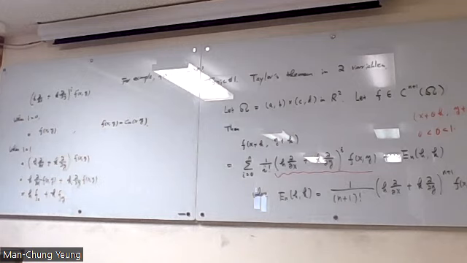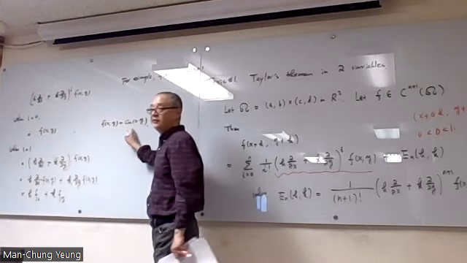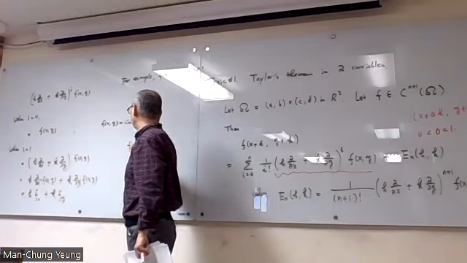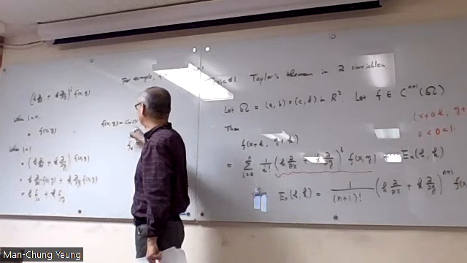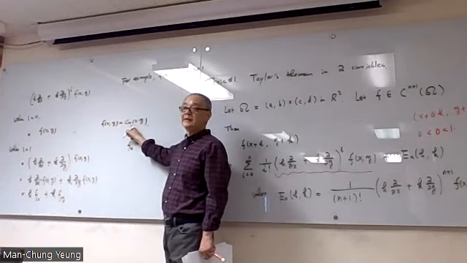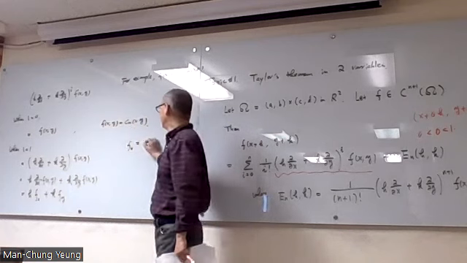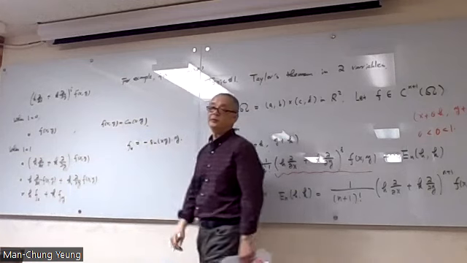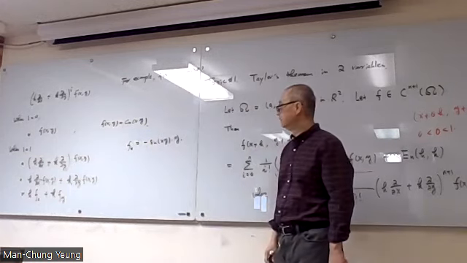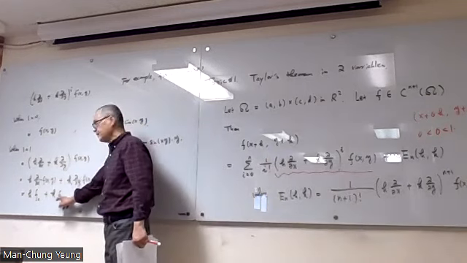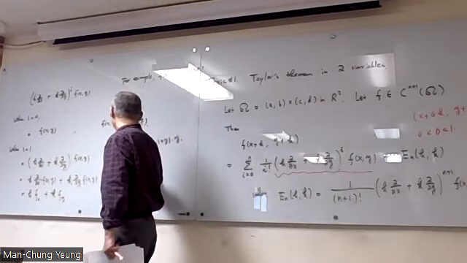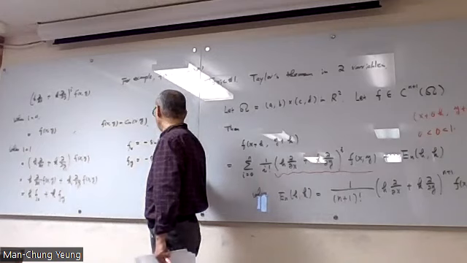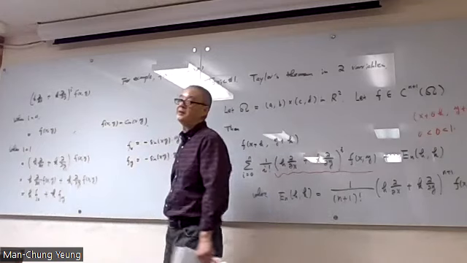For this function, the partial derivative with respect to x is negative sine of x1 times 1, and the derivative with respect to 1 is negative sine of x1 times the corresponding factor.